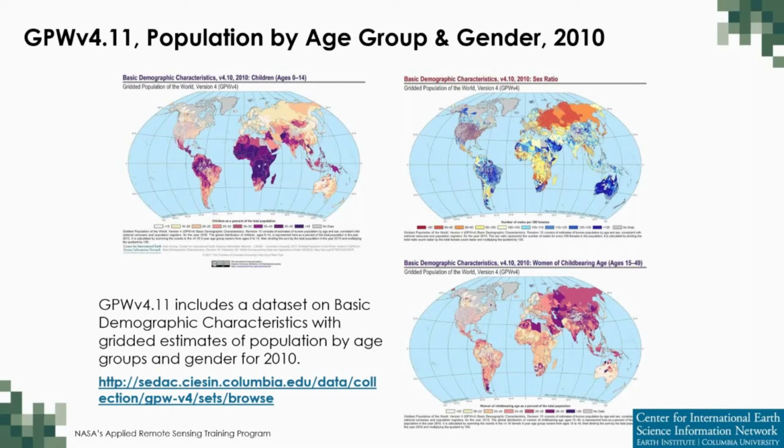We've also, of course, increased the resolution and draw on many millions of inputs. But in addition to total population, we disaggregate population by age group and gender. So for example, you can map particular age groups, you can map the difference between males and females and generate a sex ratio as shown here.